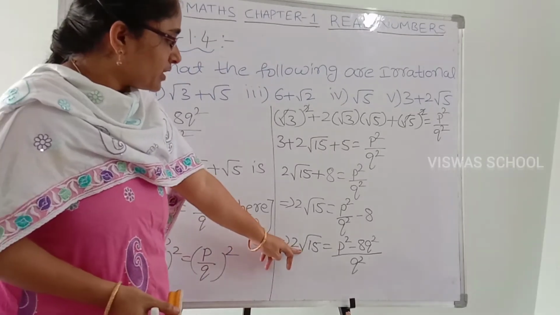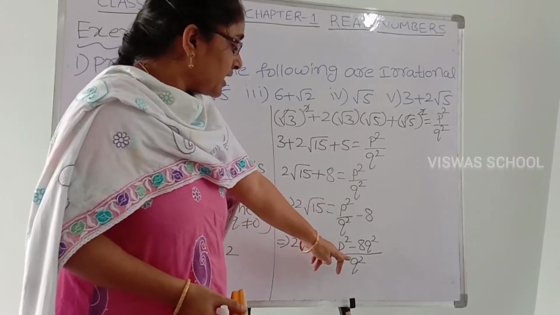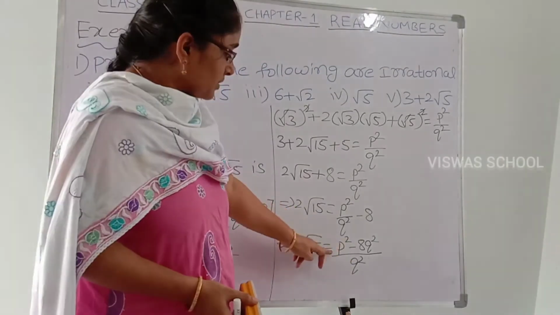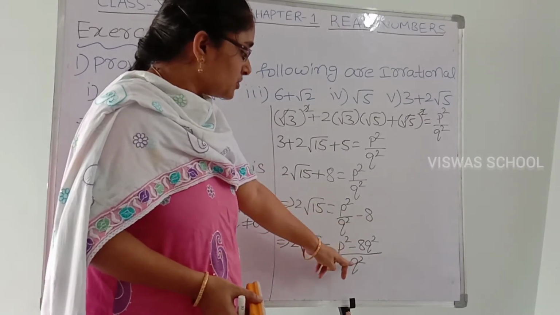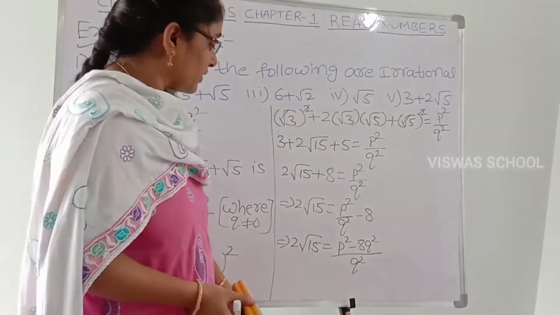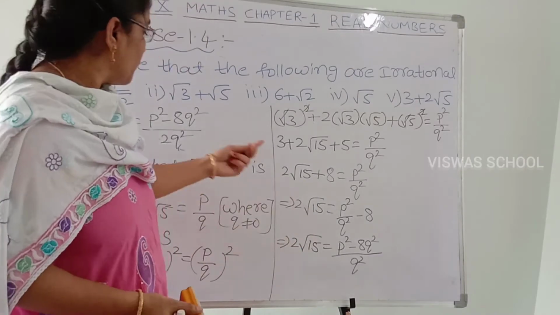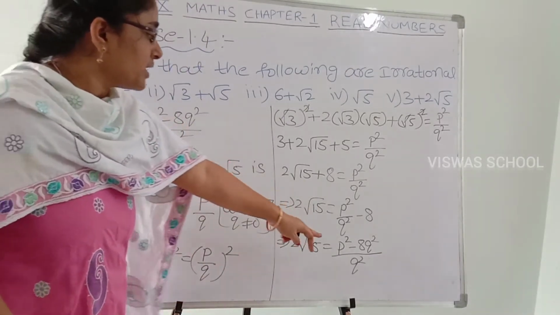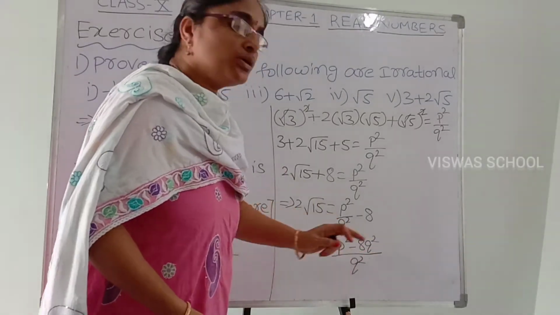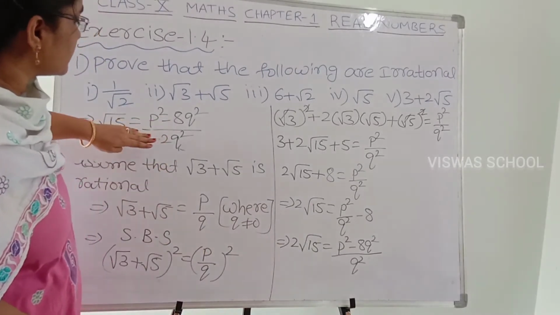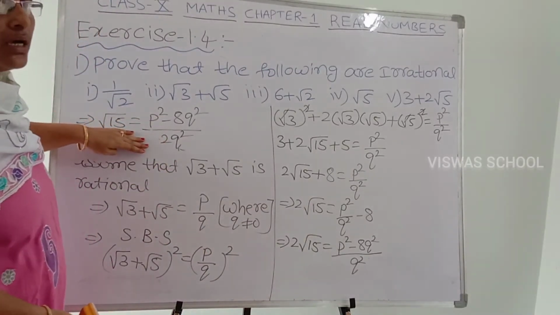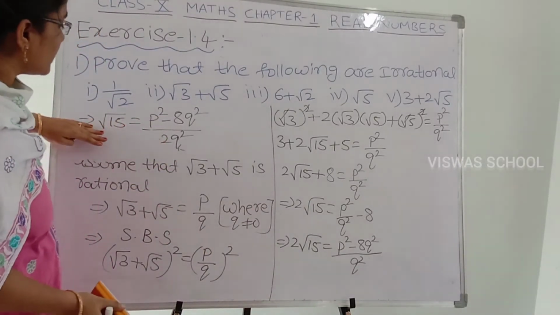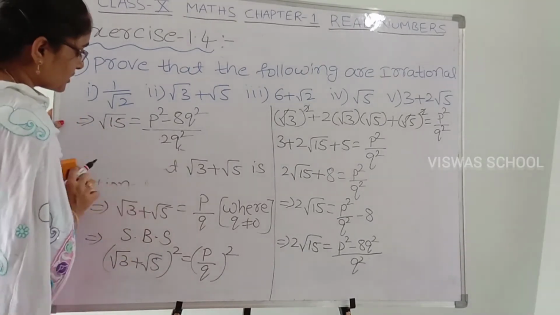Now 2 root 15 equals p square, here the LCM is q square, that is p square minus 8 into q square, equals 8q square. Now we write root 15 equals p square minus 8q square by 2q square. The RHS is in rational form, so automatically the LHS is also rational.